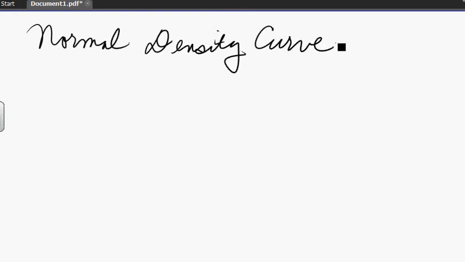Okay. So the normal density curve, unlike the ones that we saw on Monday, doesn't have straight sides. And it goes forever in the negative and positive direction.